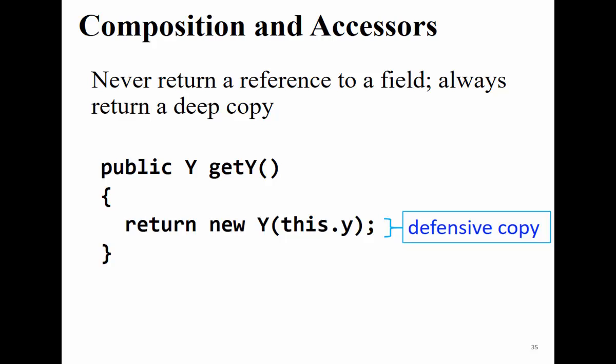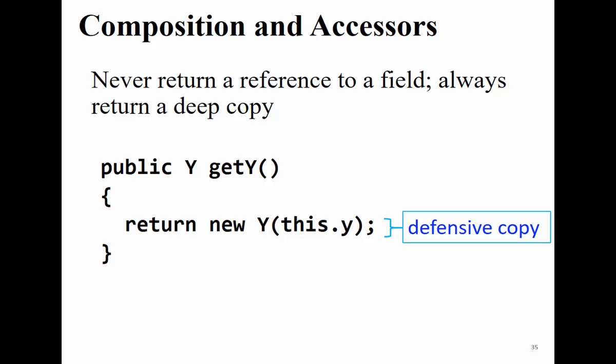Now, for a get method inside a composition, you should not return this.y. You have to return a new object. That means getY inside a composition is actually a factory method. It will create an object and return it. So we take this.y and put it inside a new y, creating a new object of y and returning it to the client.